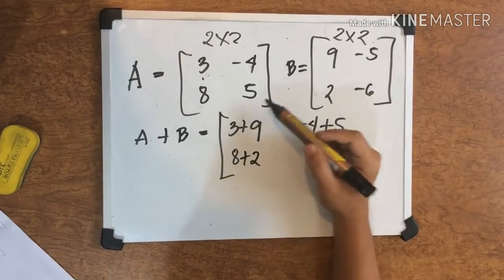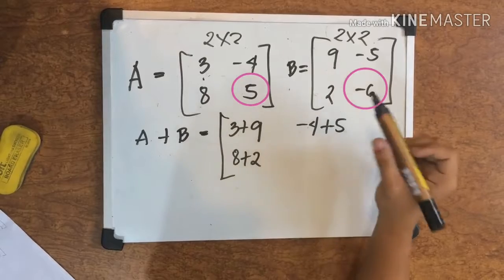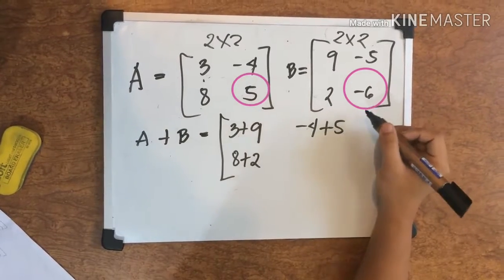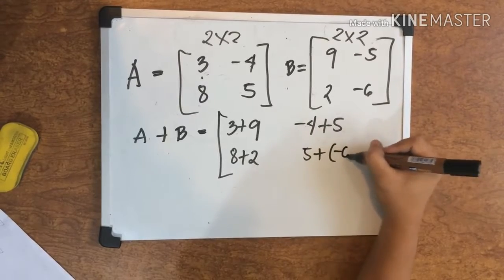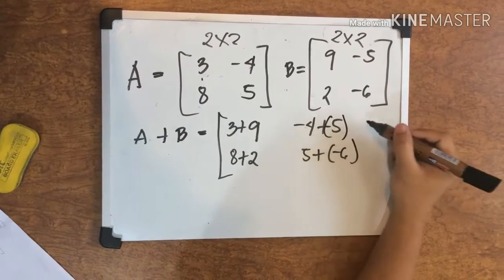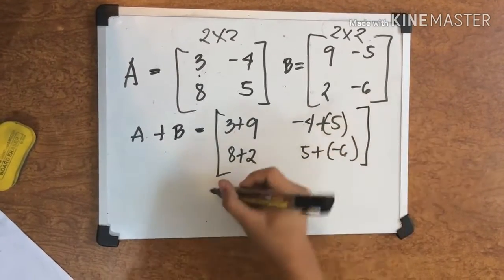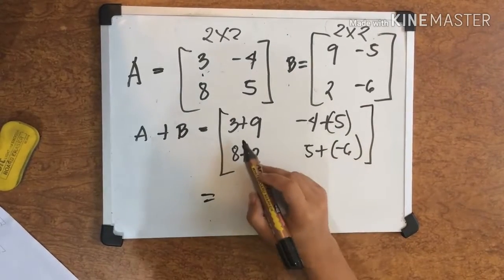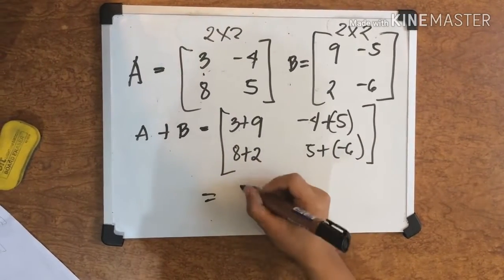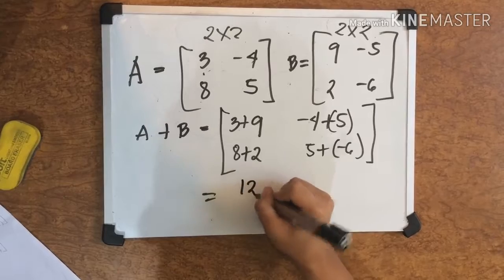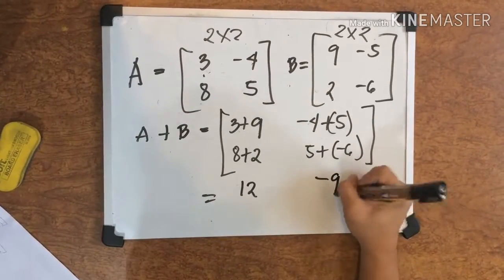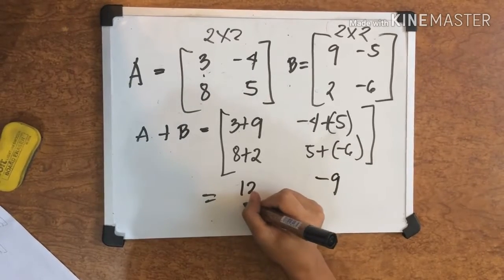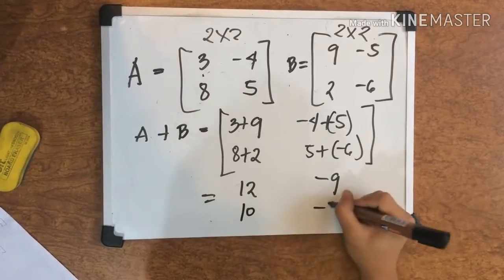And we have 5, which is to be added also to -6. So we will get an answer of 12, -9, 10, and -1.